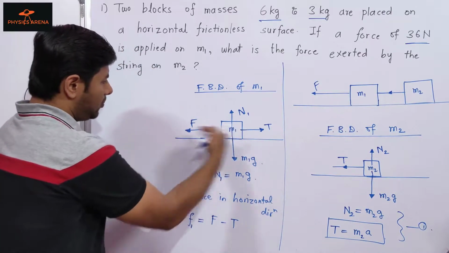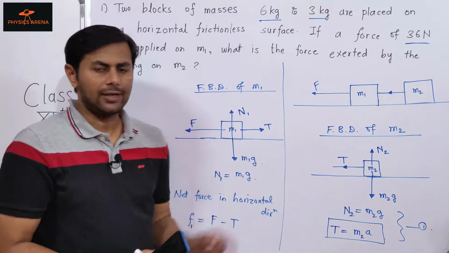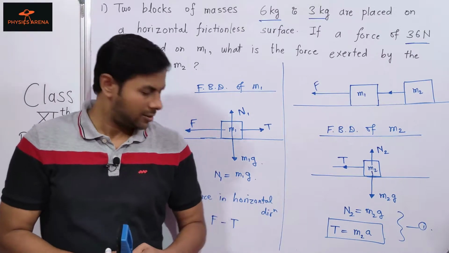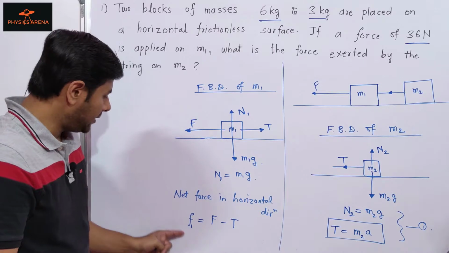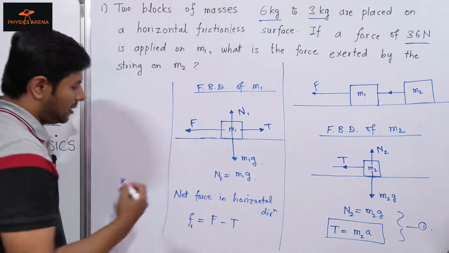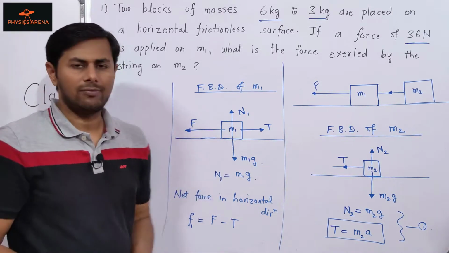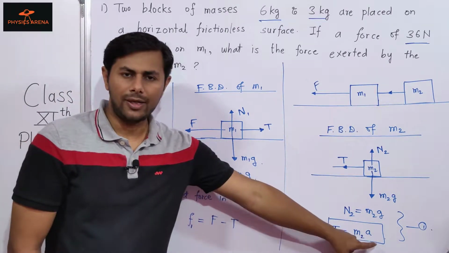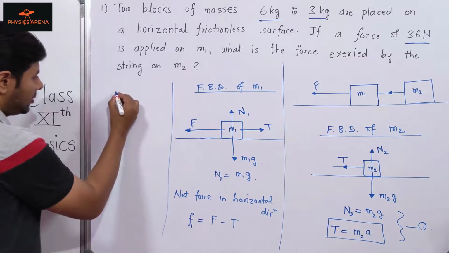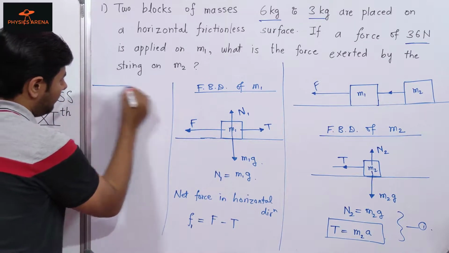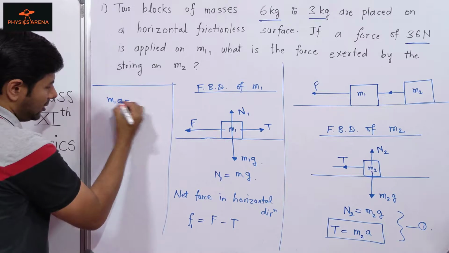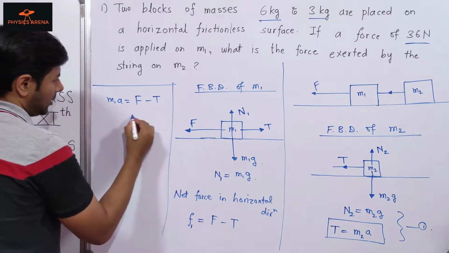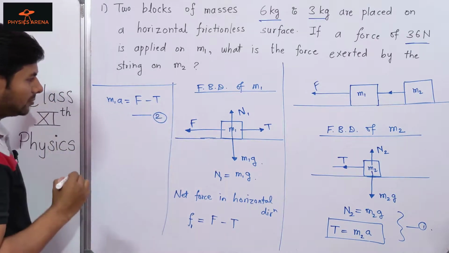This force acts towards left and tension acts towards right, so the net force is the subtraction of those two forces. So I can write f1 as the mass of this block multiplied by the acceleration of the total system, which we consider to be a. So m1 times a is equal to F minus T. Let's call this equation number 2.